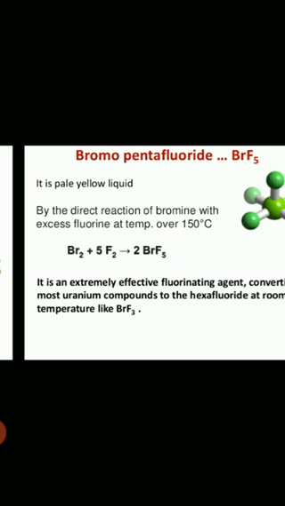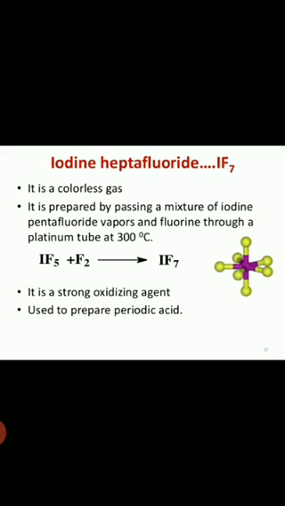Now, students, the next compound is iodine heptafluoride. We are discussing an example from each type of interhalogen compound, and now we are taking the example from AX7. It is a colorless gas. It is prepared by passing a mixture of iodine pentafluoride vapors and fluorine through a platinum tube at 300 degrees Celsius: IF5 plus F2 gives IF7.